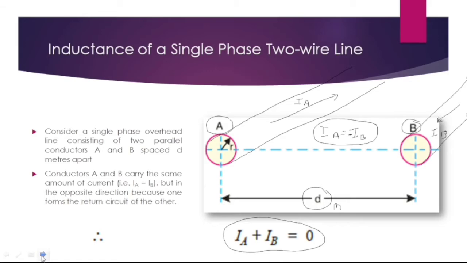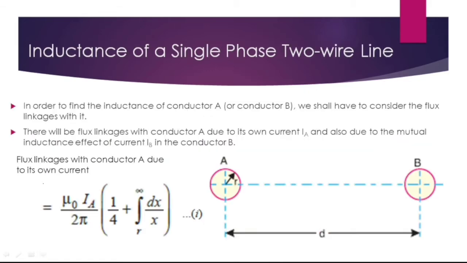Then, in order to find the inductance of conductor A or conductor B, we shall have to consider the flux linkages with it.